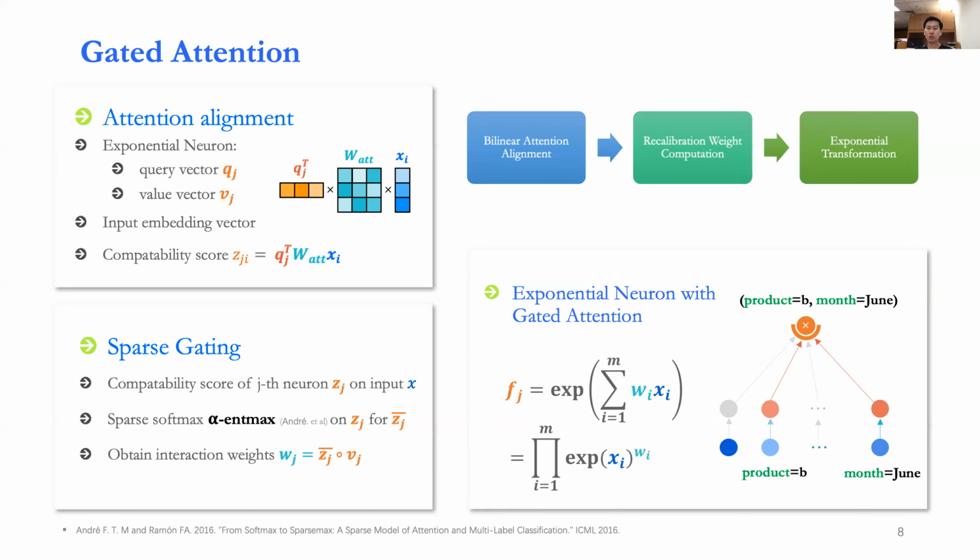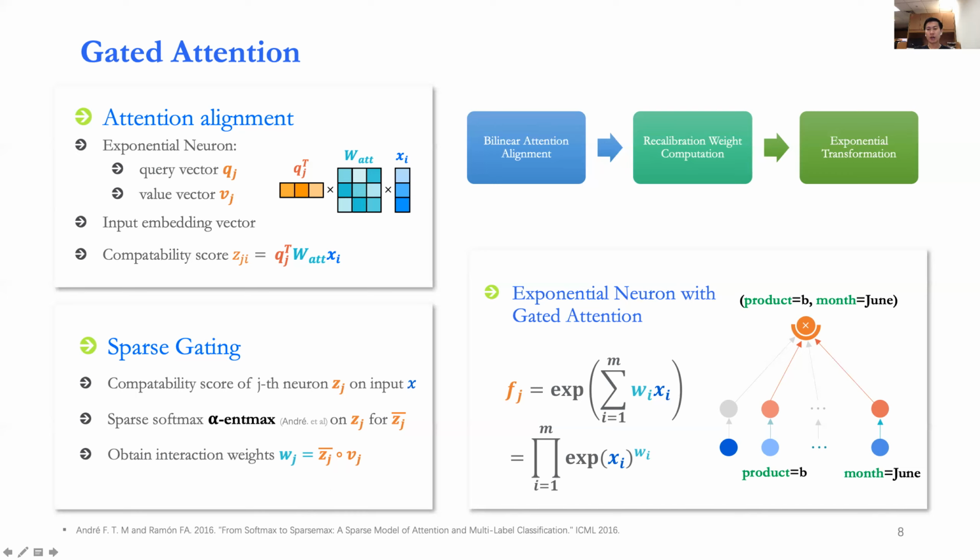With sparse gating, we can then obtain the sparse compatibility score Zj bar. So during training, the value vector Vj here will learn and encode the global importance of different input features for the jth neuron. And the compatibility scores will be used to dynamically gate this value vector for adaptive relation modeling.